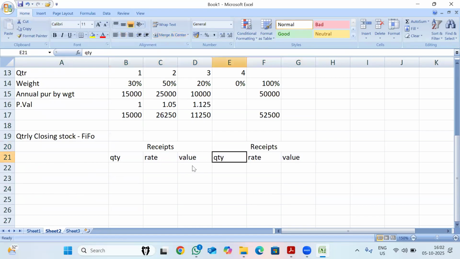And then we have issues, and then balance. So again, quantity, rate, value.